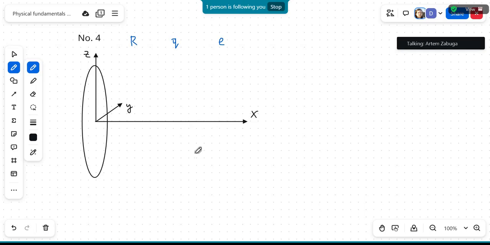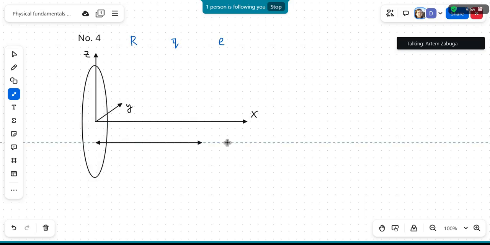Okay, so this ring, and L is the distance between the center of the ring and the point where we have to find the absolute value of electrostatic field intensity.